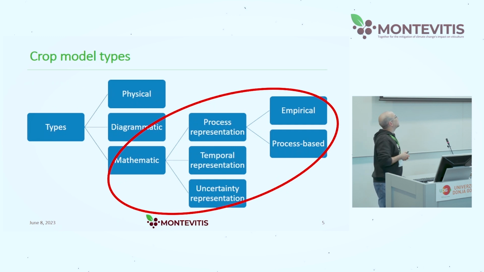In our case, we're interested in the mathematical ones, that are numeric models, and they are more or less represented as process-based models, as a representation of processes that could be empirical or process-based. They also have some temporal representation or uncertainty representation.